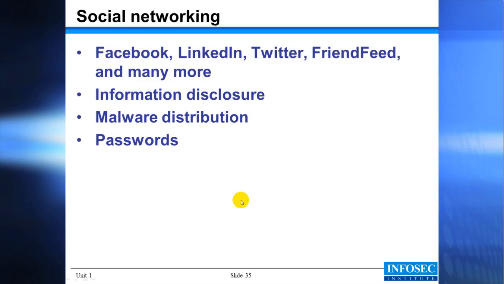Now, another source of social engineering attacks are social networks. Social networks represent great sources of information for bad guys to find out stuff about potential targets, number one. And number two, certain sensitive information should not be posted on social networks in the event that the sensitive data may become public knowledge.